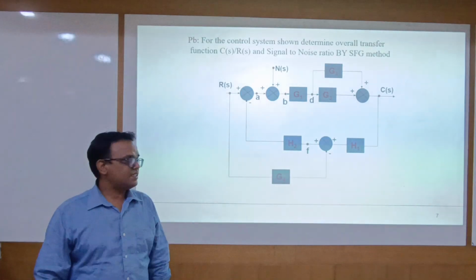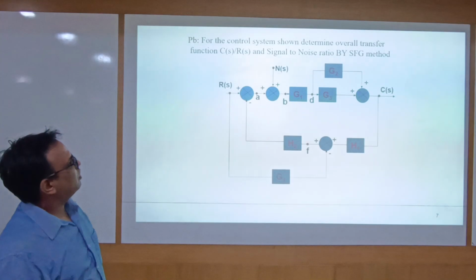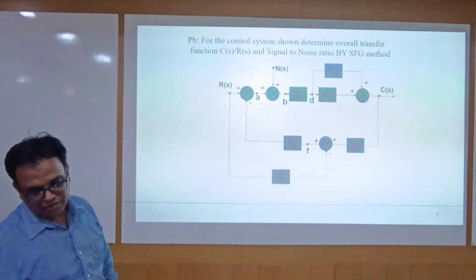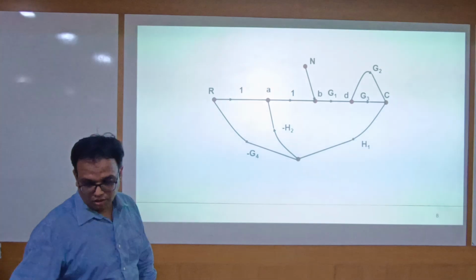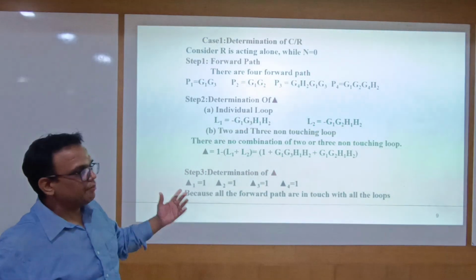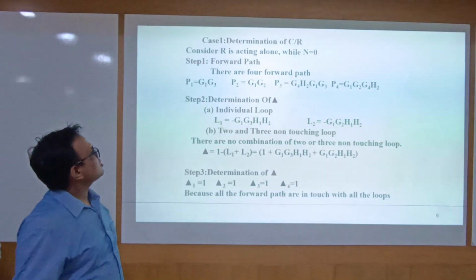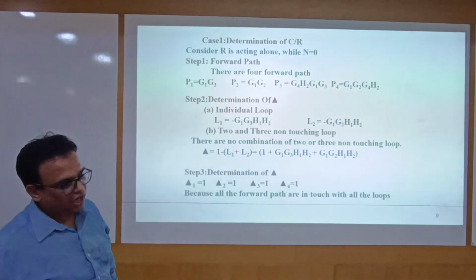Now we see a problem. This is a block diagram. First of all we convert this block diagram to a signal flow graph, and now we use the Mason gain formula. For the Mason gain formula, the first step is to find the forward paths.